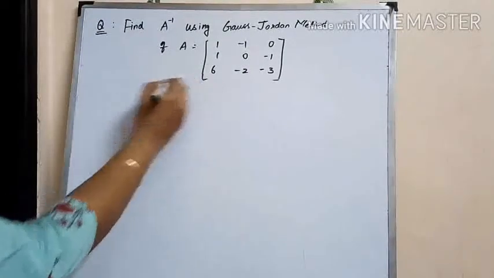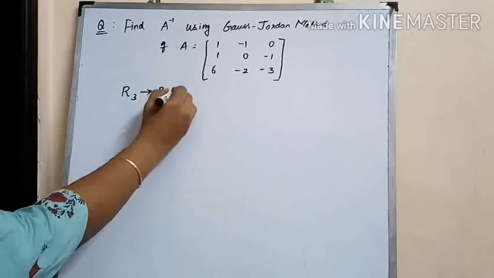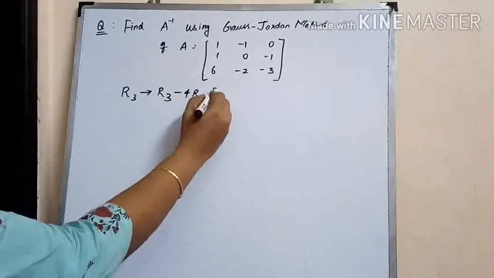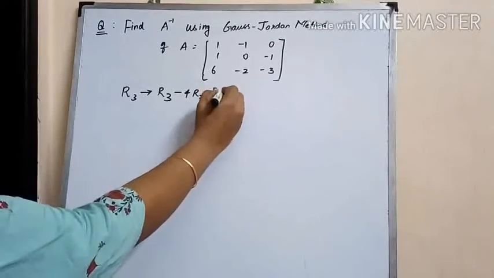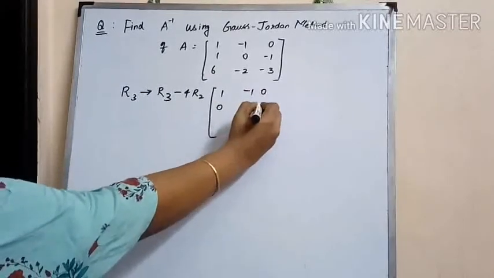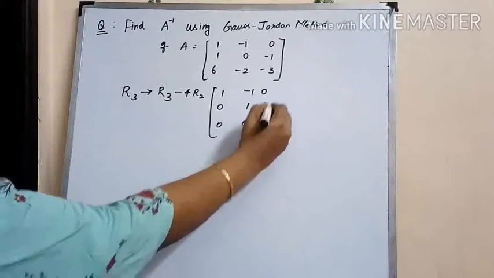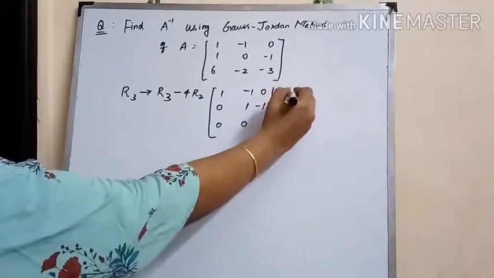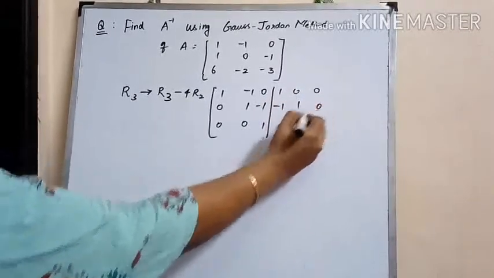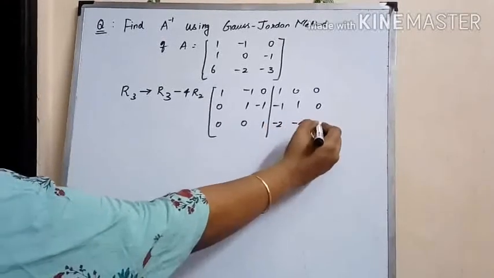The row operation here is row 3 minus 4 row 2. So the matrix will reduce to 0, 0, 1, and here 1, 0, 0, minus 1, 1 and 0. The last row will change to minus 2, minus 4 and 1.